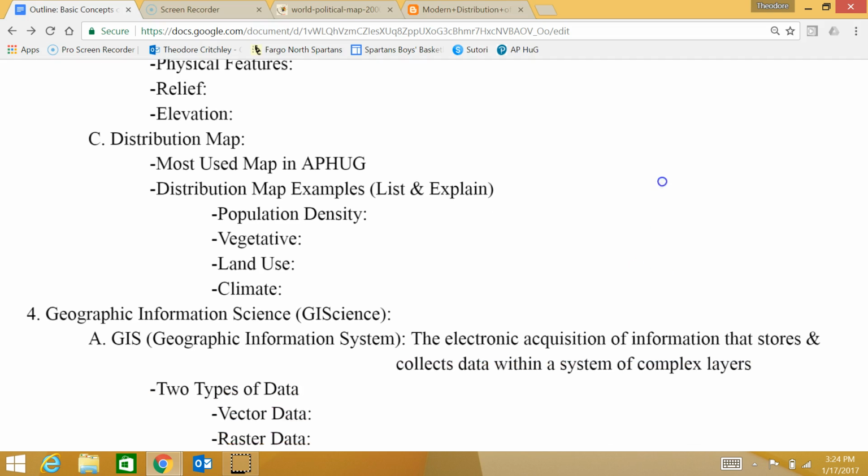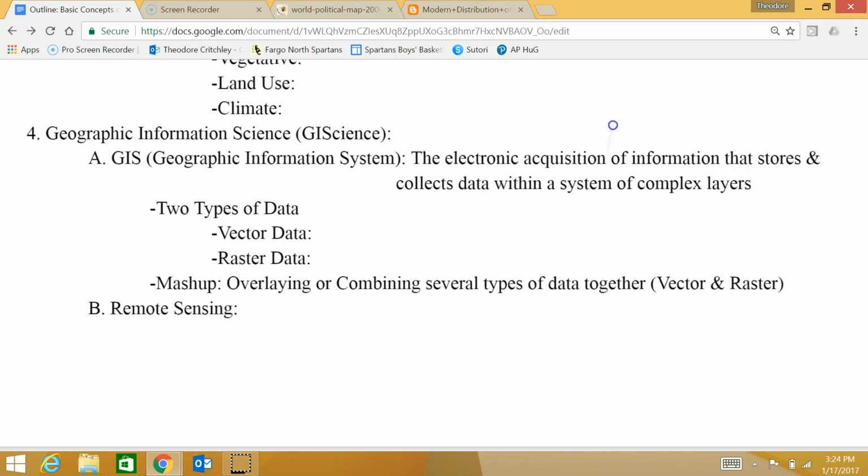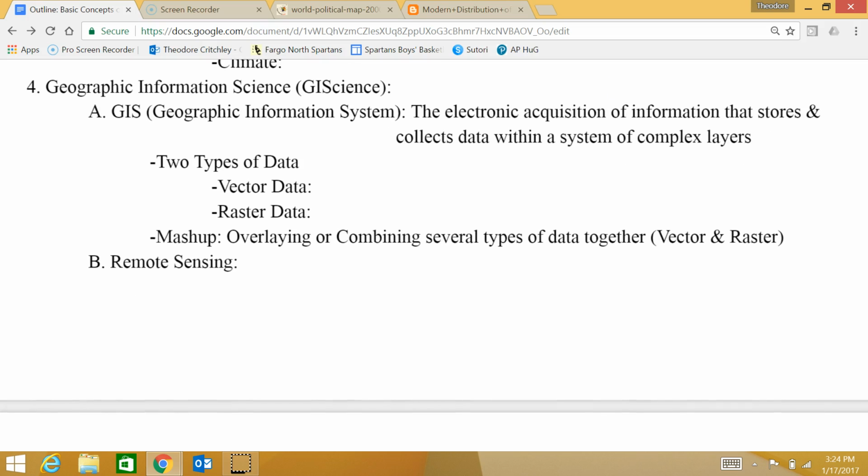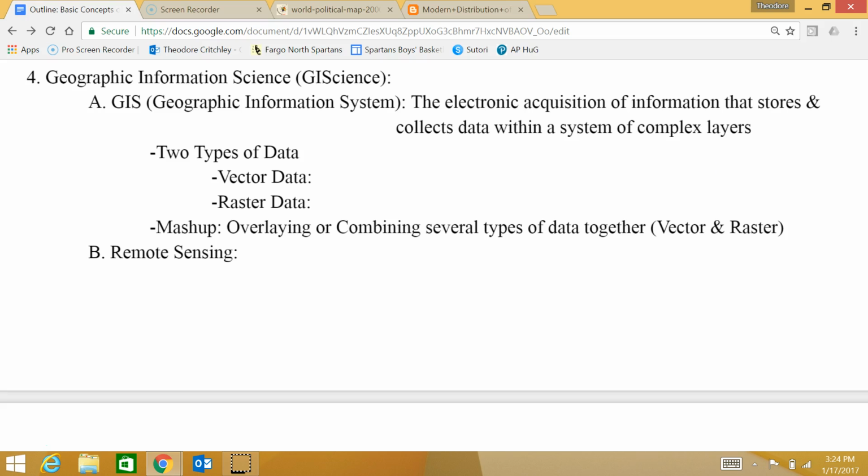Some other things that we use in order to understand, they could be on maps themselves or just more tools for geography that we'll be using in this classroom. We talked about building a hospital in San Francisco later on as one of our projects, you guys. We'll be using the geographic information science then, or system, we could say. Geographic information science is the acquisition and analysis of data about the Earth, okay?